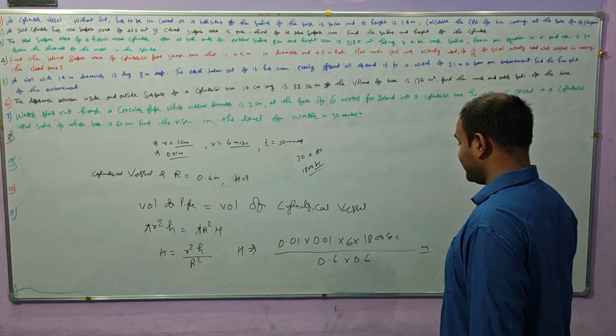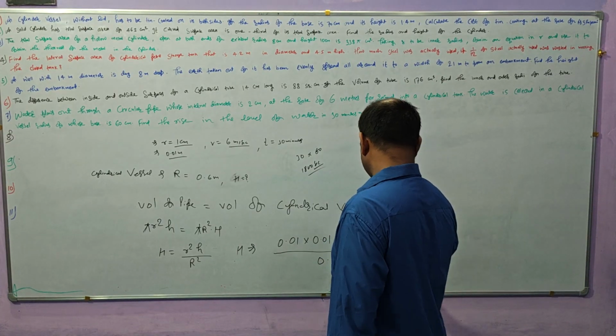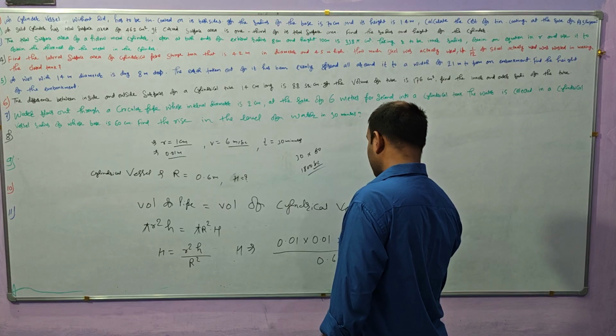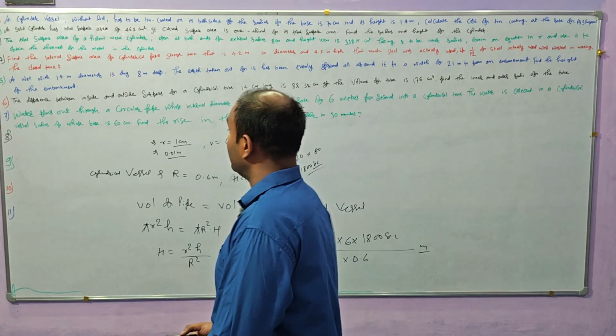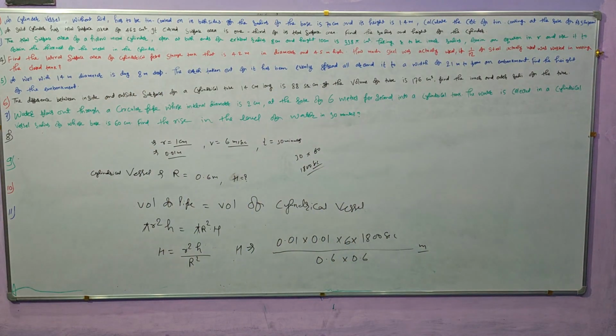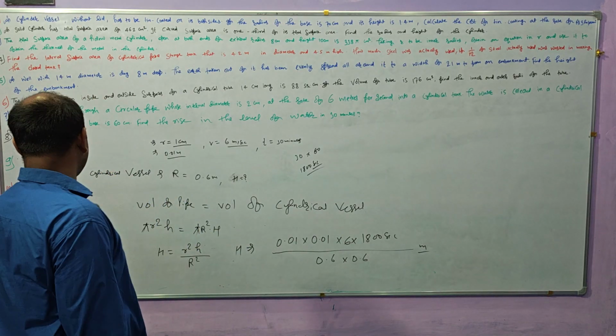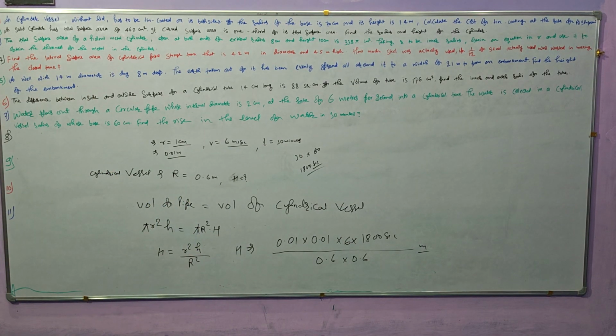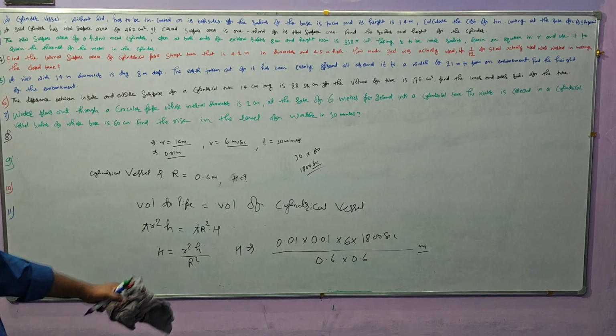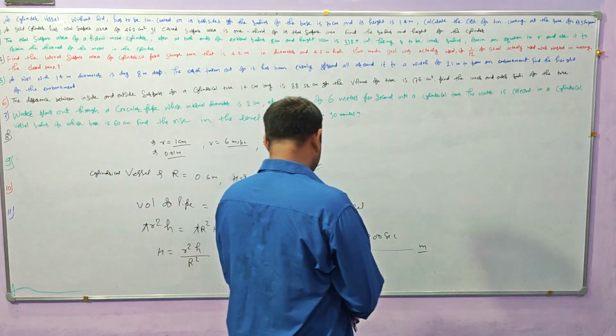So we easily cancel this out, and we get the height of the cylindrical vessel. That is, I think, 3 meter. We get 3 meter after solving this.